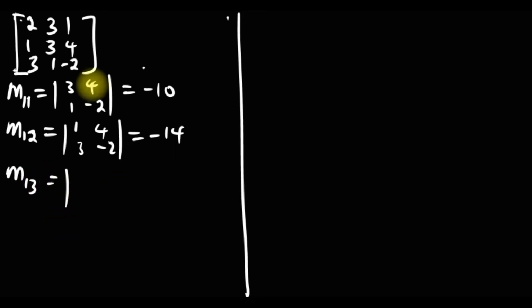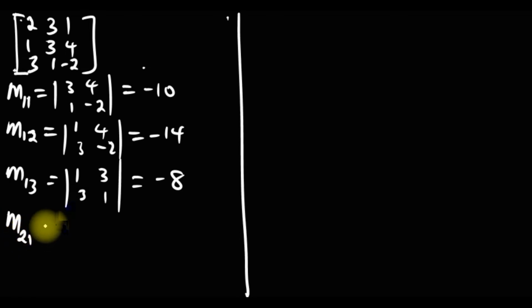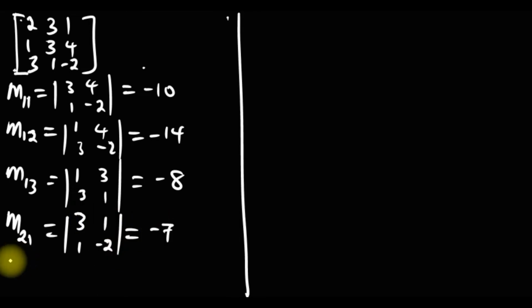M13 is 1, 3, 3, 1, which is minus 8. M21 is second row, first column, which is 3, 1, 1, minus 2. So we have minus 6 minus 1, which is minus 7. M22 is second row, second column, which is 2, 1, 3, minus 2.